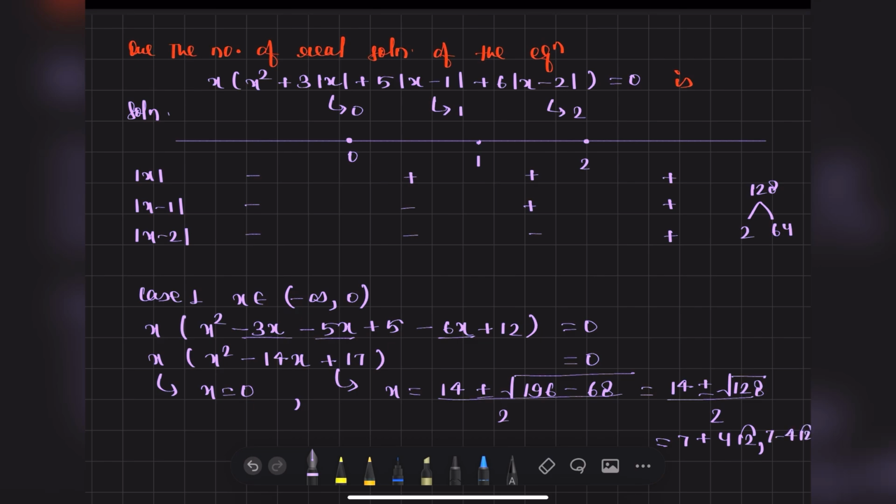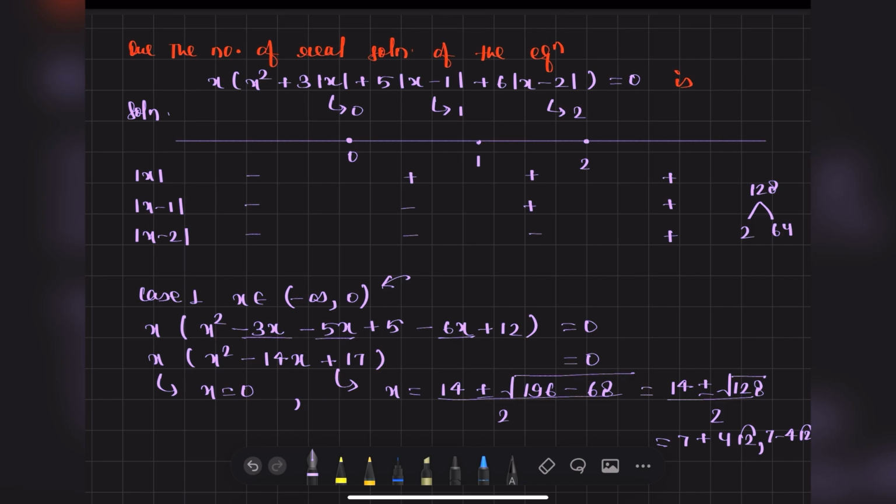Now you know that root 2 is 1.414, so I'll take 1.4. So 1.4 into 4 is 5.6. So 5.6 plus 7 is 12.6, and it is a positive number, and you are in the negative range, so you cannot consider this as your zero.